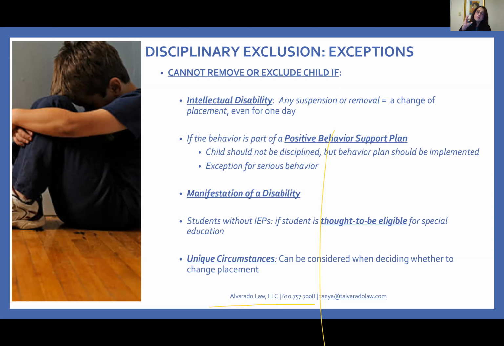There are so many protections that fall on the district that it doesn't occur, so you really don't see children with intellectual disabilities getting suspended, because those are removals, even for one day, even for half a day. Anytime you're taking that child out of the educational setting, that is a change in placement. And again, the protections come down immediately.